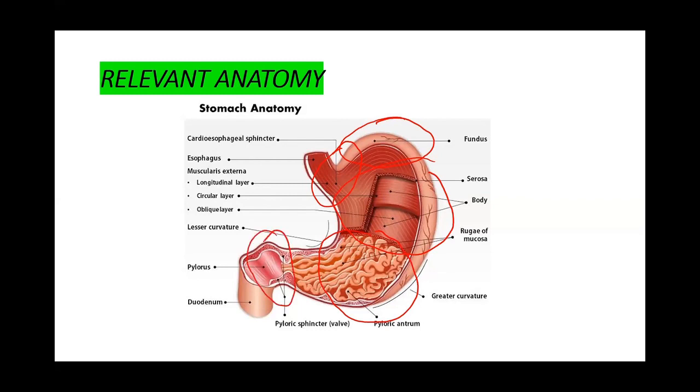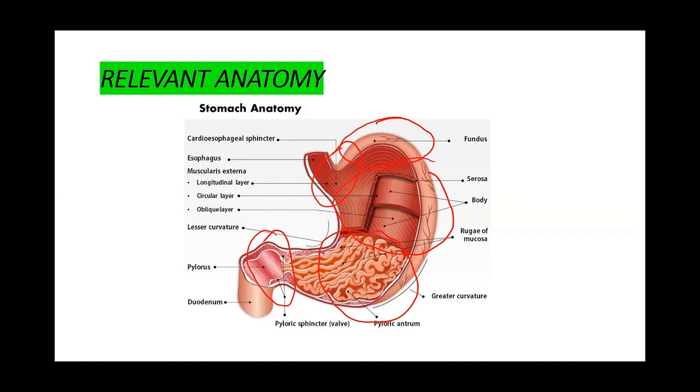It has two surfaces, the anterior surface and the posterior surface. The posterior surface is lying on the stomach bed. There are some structures: the left adrenal, the left kidney, the pancreas, the transverse colon.